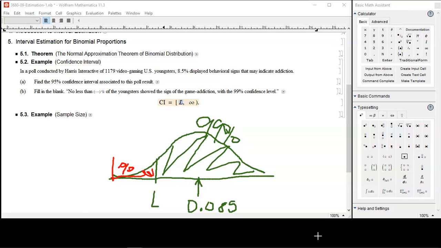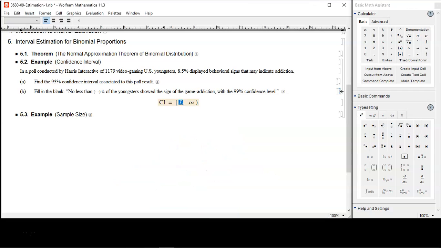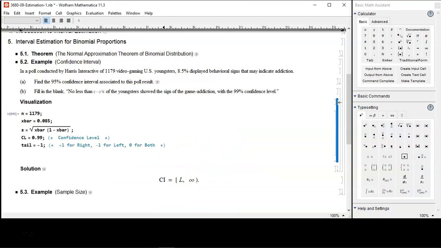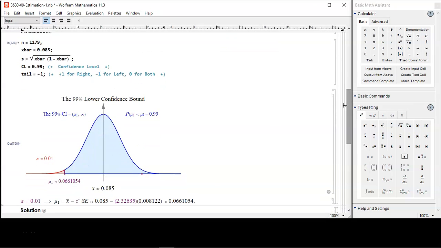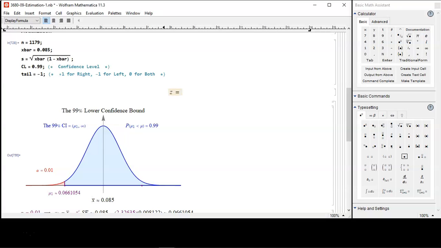My goodness, what a lousy picture. Let me get out of here. Okay, here is a better picture. You see, only here, the left-hand side endpoint or the lower confidence bound, 99% here, 1% there, and the z-score is the end minus center over SE.